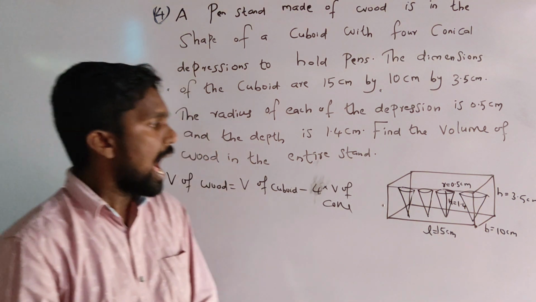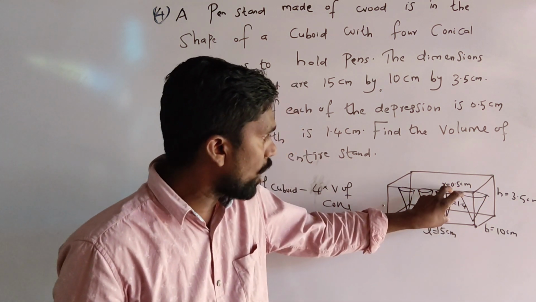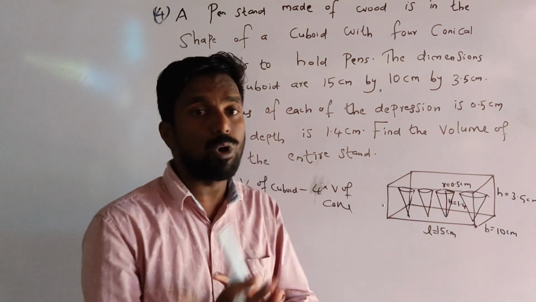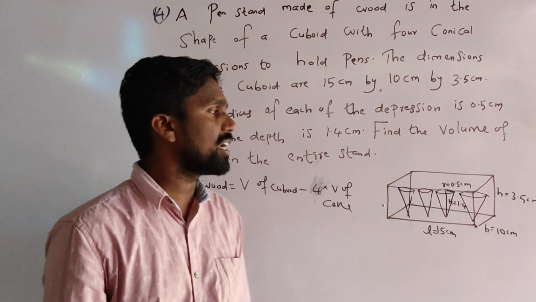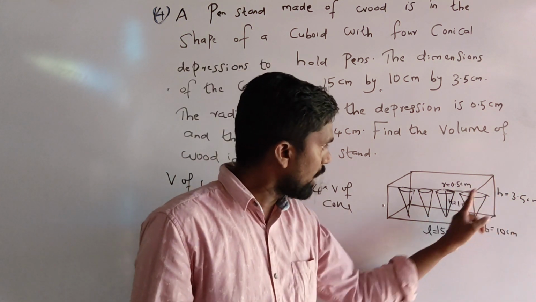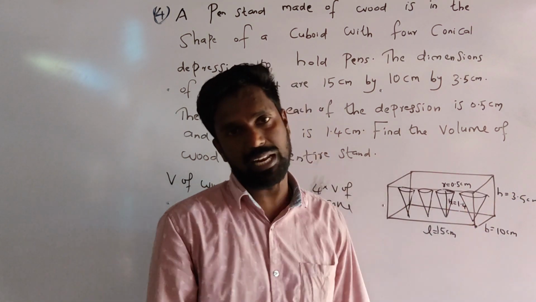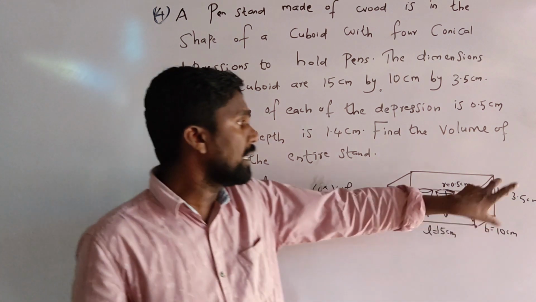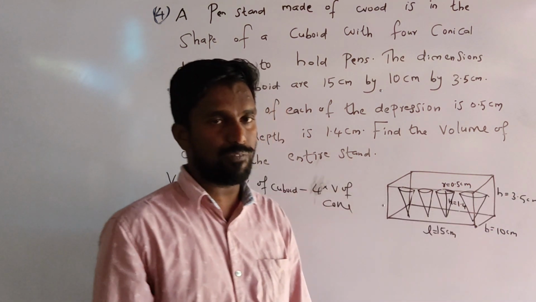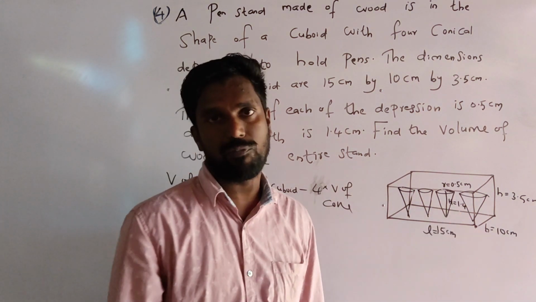Very important. Height of the cuboid is 3.5. Height of the cone is 1.4. Both heights are different, so we have to use two separate letters for denoting height. One is H1 and another is H2. Otherwise one is small letter h, another one is capital letter H. Because the cuboid height is 3.5 and the conical height is capital letter H, that is 1.4.